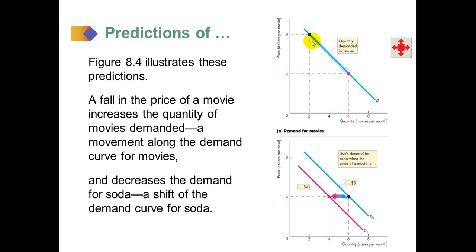For example, a shift of the demand curve for soda. Any other factor except the price changing leads to a shift, maybe to the right, maybe to the left, of the demand curve. So this is a change in demand, because a change in any other factor except the price leads to a shift of the demand curve, to the right or to the left. But a change in price leads to movement along the same demand curve.